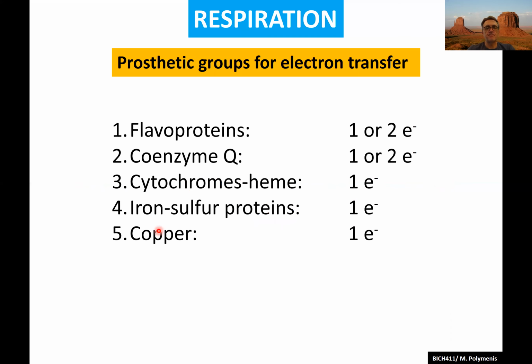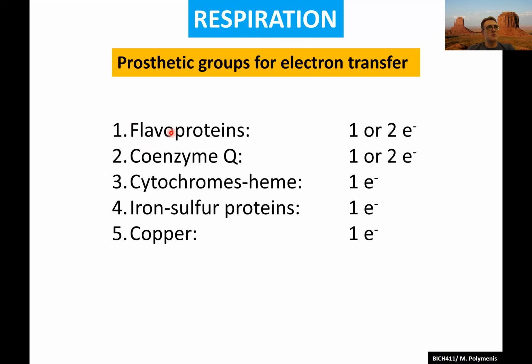All right, so now let's discuss the parts that we find in the electron transport chain. These are cofactors. We've already seen one, flavoproteins, and they are bound to big protein complexes, right?